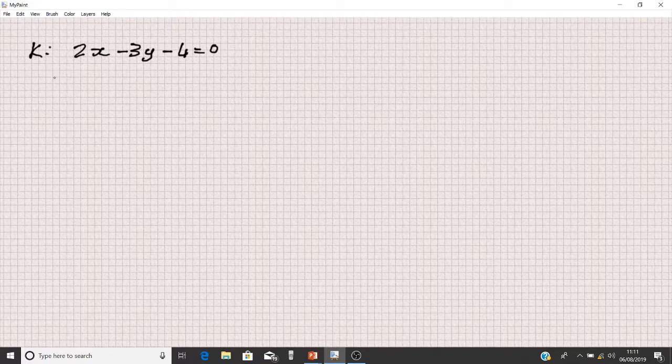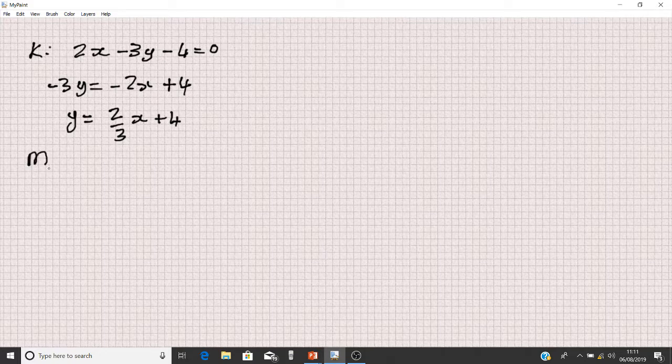And I'm going to rearrange it so we can read the slope of K. So we'll just say minus 3y on the left equals negative 2x on the right, and that becomes positive 4. And we're going to divide out by minus 3. So we'll end up with y equals 2 over 3 x plus 4. So the slope of K is therefore 2 over 3.